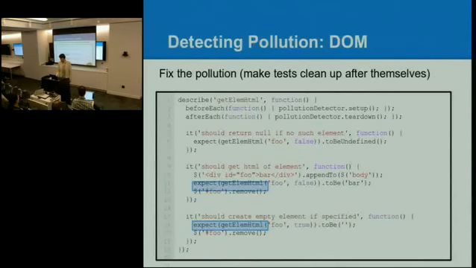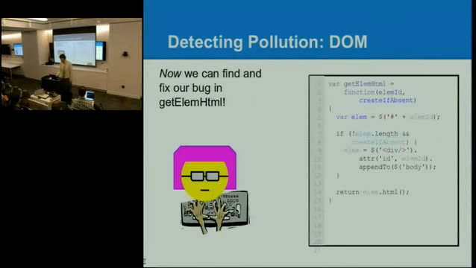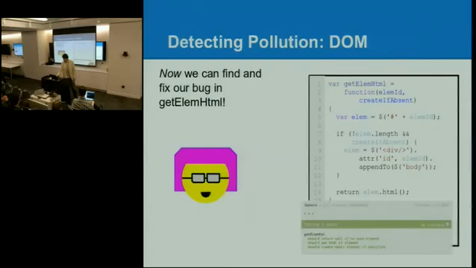And when we do that, we get an unpolluted run. The unpolluted run shows us that sure enough, the third unit test does in fact fail. And that gives us the opportunity to alter the code of our getLMHTML function to make it exhibit the correct behavior, such that we can make our unit tests pass and live happily ever after.